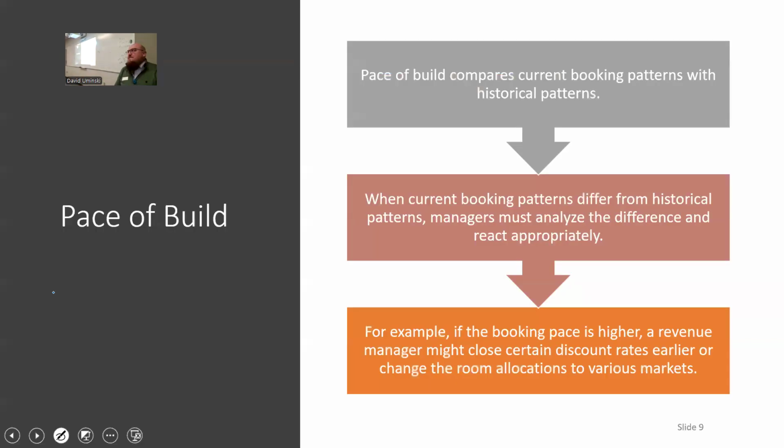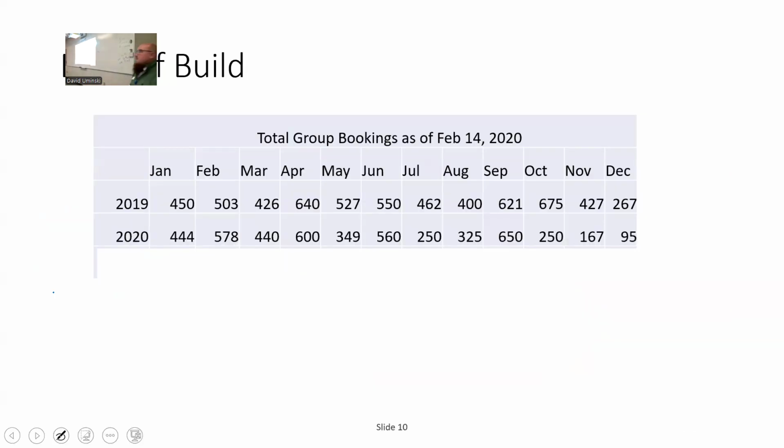All right, so pace of build. Basically, we're going to go over this just really generally. Pace of build basically tells us where we are, what pace we are on to meet either our goals or where we were last year. So if we look at this, in 2020 versus 2019, in January, we did not quite meet where we were supposed to be.